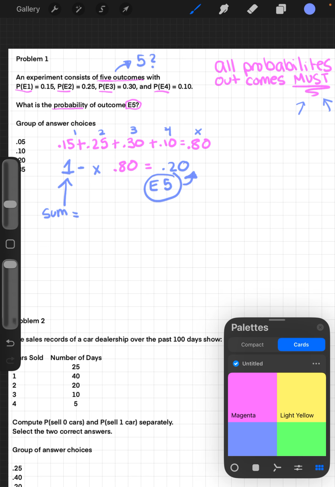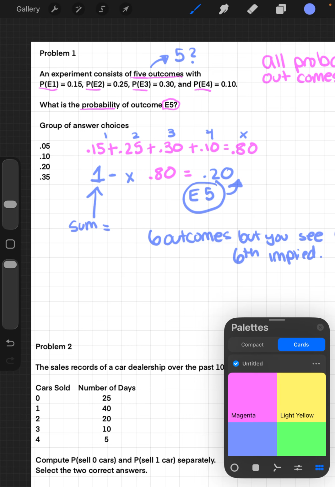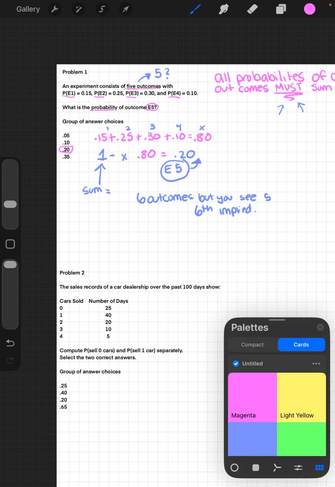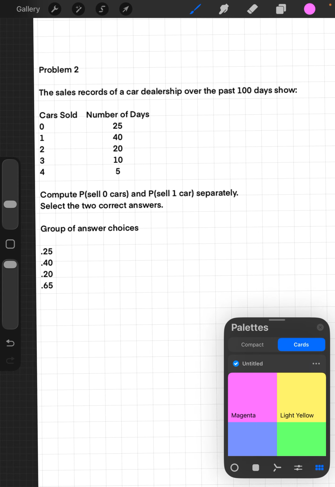So if they said there's 6 outcomes but you only see 5, then the 6th one is implied. So that is that one. Okay, and now we're gonna go to the next one.